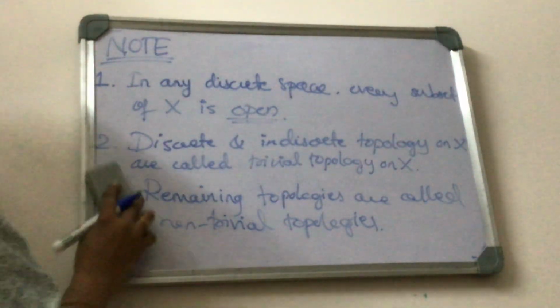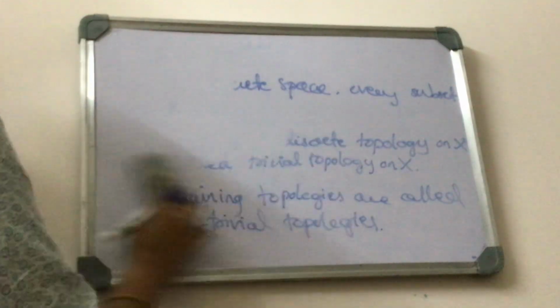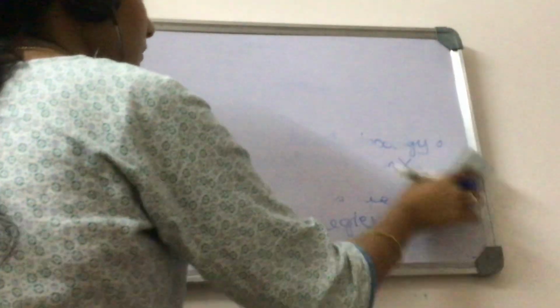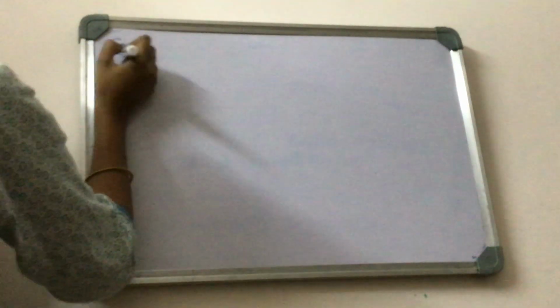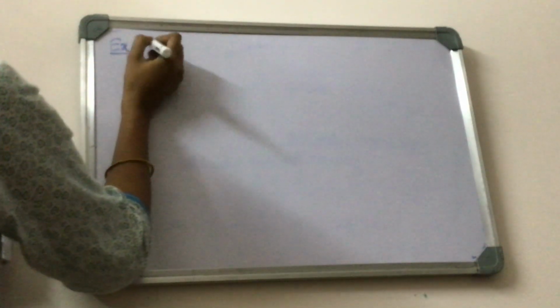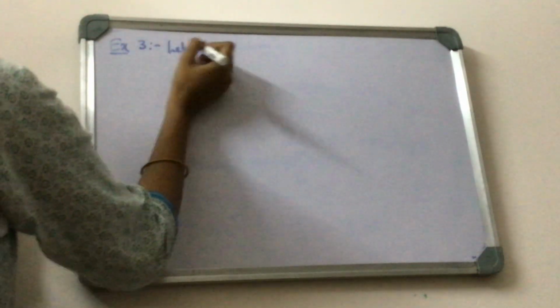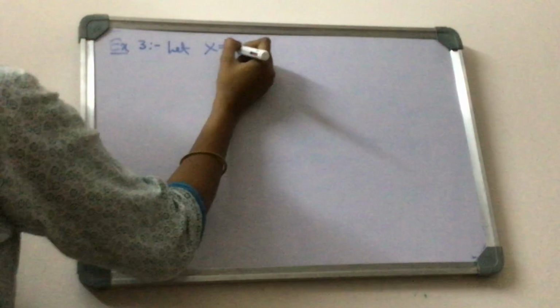Now we'll see one or two examples on this. Example: let X is equal to {A, B, C}.